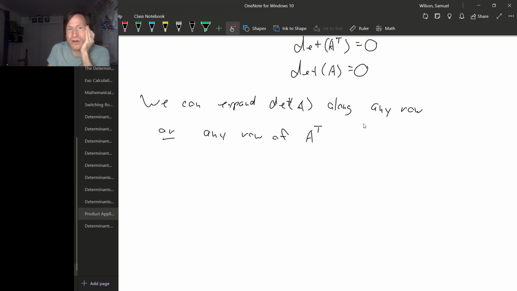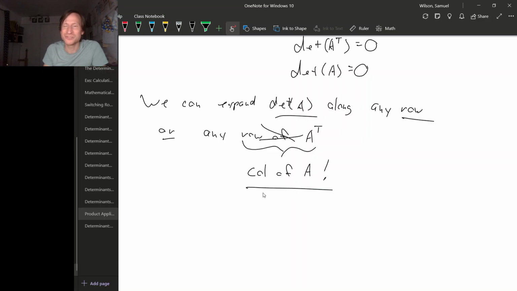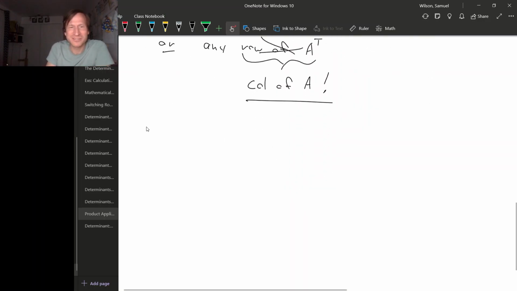So we can expand along a row of A, or we can expand along a row of A transpose. But here's what I'm getting at: a row of A transpose is a column of A. So we can expand a determinant along any row of A or along any column of A, which is really a big surprise. So let's just look at an example.